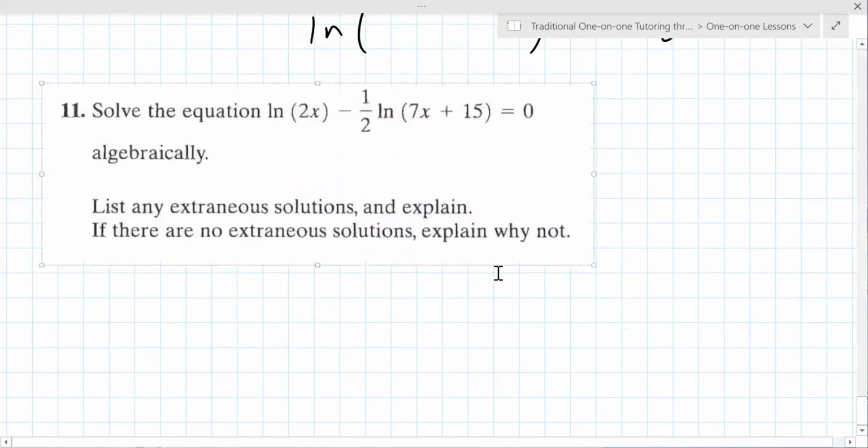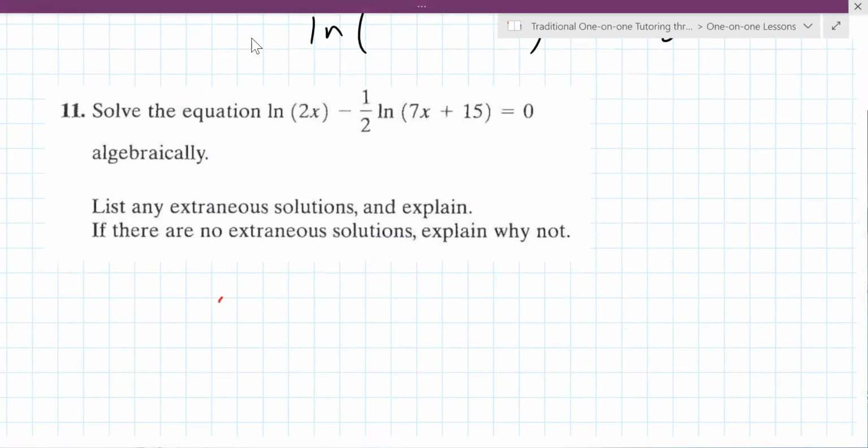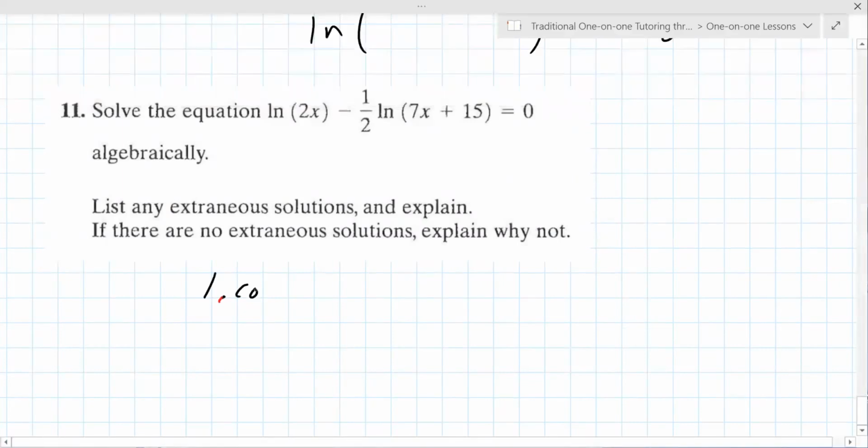Okay, solve the equation algebraically. To do this, we first need to compress, because you really want the natural log of something to equal a number, or in some later problems, the natural log of something to equal the natural log of something.